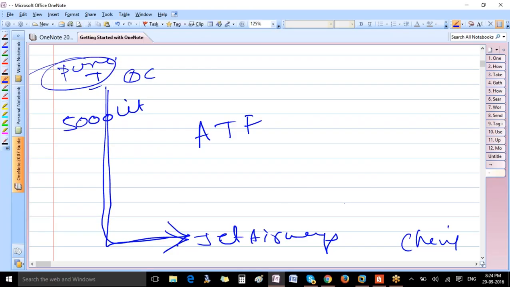Petrol evaporates quickly into the atmosphere, right? ATF is more sensitive than petrol, it evaporates even quicker. So in a journey of 1,000 kilometers from Pune to Chennai, there will be some transit loss because of the evaporation.